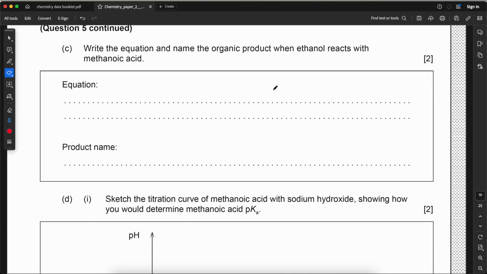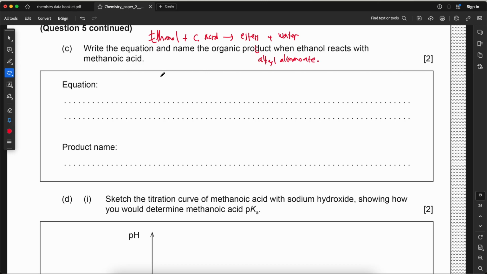Write the equation and name the organic product when ethanol reacts with carboxylic acid. It will produce esters and water. For esters, the name is alkyl alkanoate.